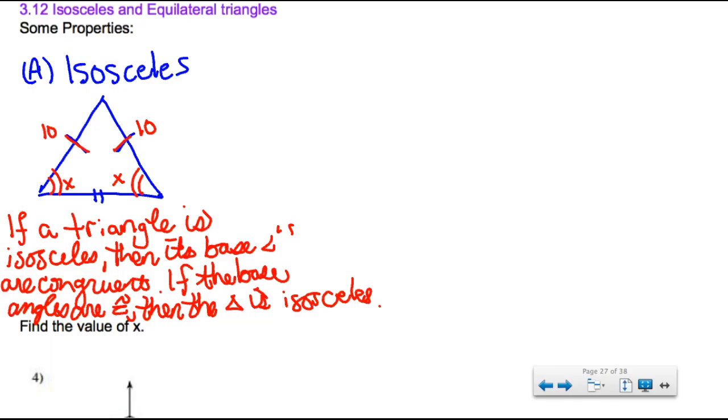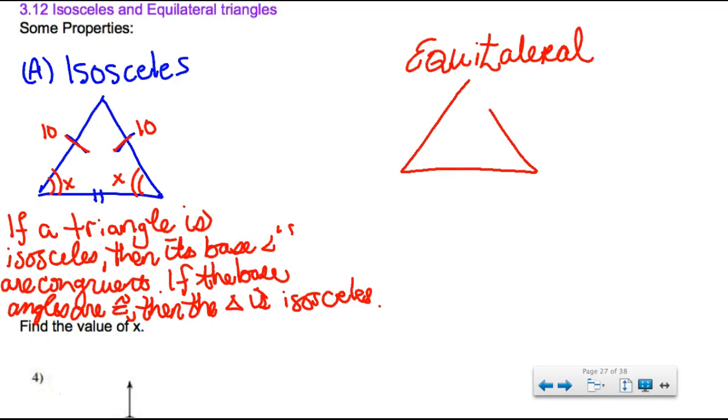So for an equilateral triangle, a triangle is equilateral if all of the sides are congruent. So again, if this is 10, and this is also 10.